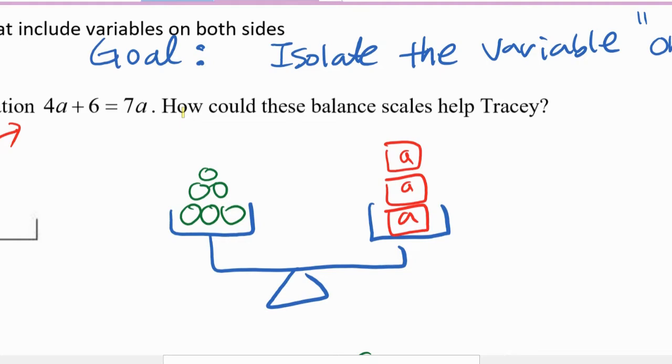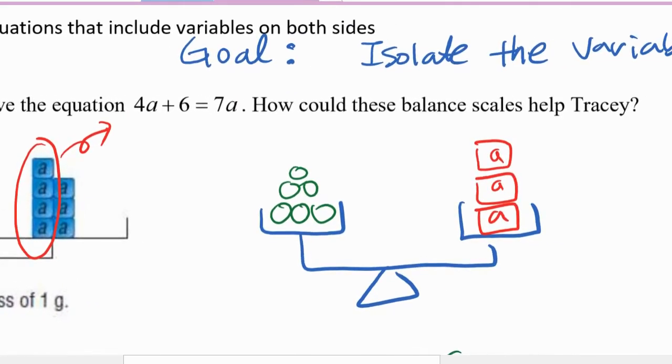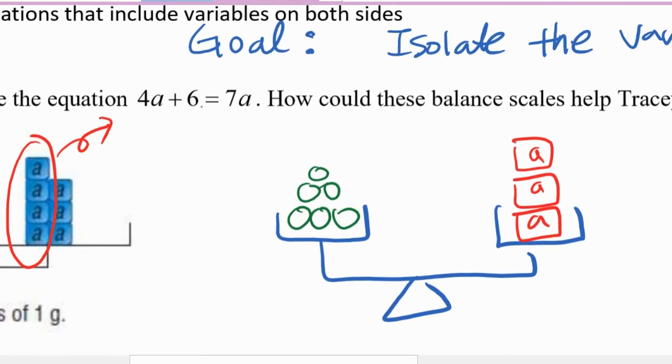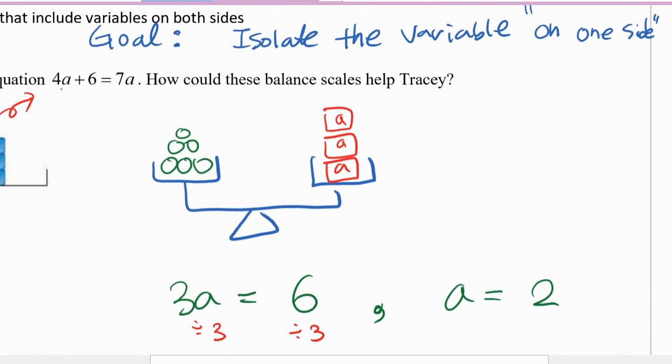Okay, so that's why we took away 4a's from both sides. Okay, so here, let's solve this algebraically. So 4a plus 6 equals 7a. So we want to isolate the variable on one side. This is our final goal. So 7a is already isolated, 4a plus 6.